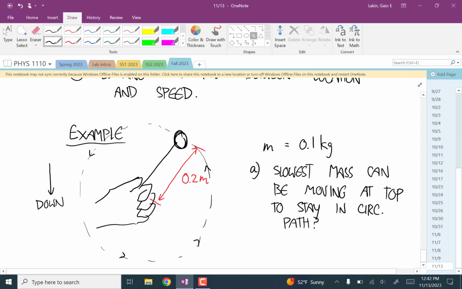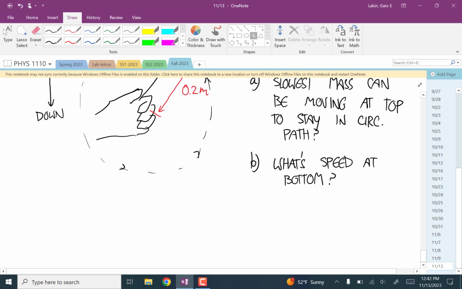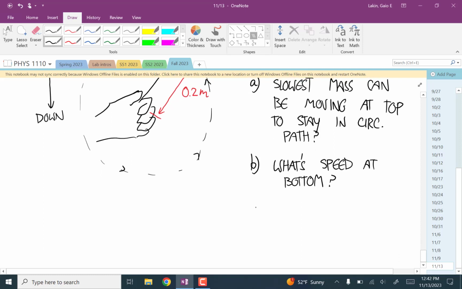Bless you. We've done a problem like that before, so this might look familiar. Second, given that this mass is the slowest that it can possibly go to stay in this circular path, let's figure out what's the corresponding speed at the bottom of the circle. And then third, let's figure out what the cable tension is.